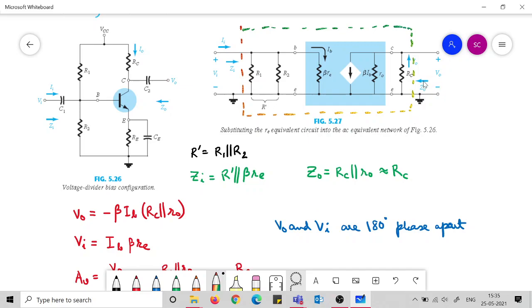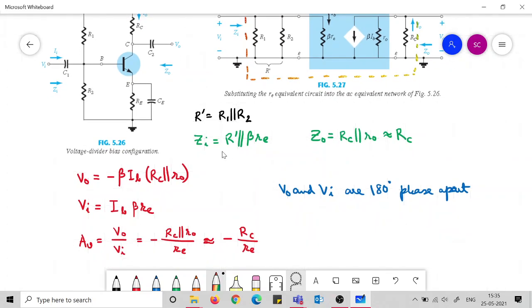What is Z0? When we are trying to find out Z0, we have to make the Vi off. That makes this branch off, and we are seeing only RC and R0 in parallel. Again, RC parallel to R0 becomes RC only approximately, because R0 is quite large. So Zi and Z0 are found out. We have to now figure out the voltage gain.